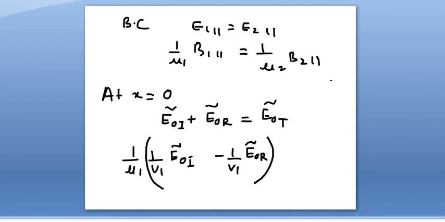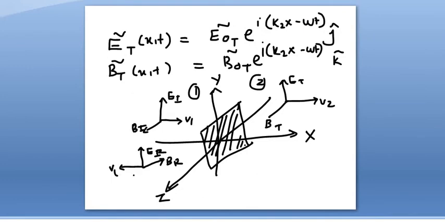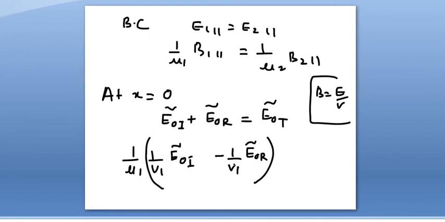Please look here. We know the hint: B is equal to E by C, or E by V in this case, because we are not sure whether the electromagnetic wave is traveling with the speed of c or with the speed of the medium. So instead of B you will write E by V1, and here there is a minus sign, because the reflected wave direction of V1 changes. V is a vector, therefore there will be a minus sign.